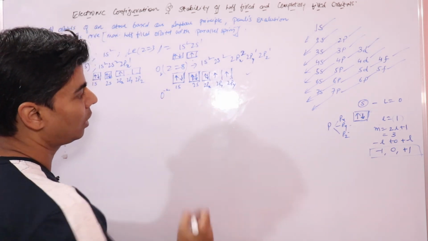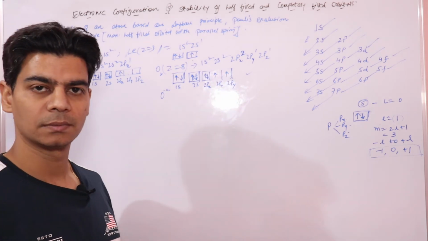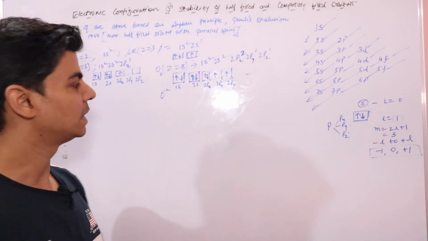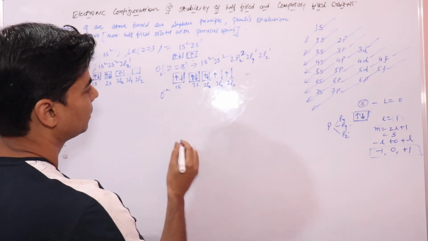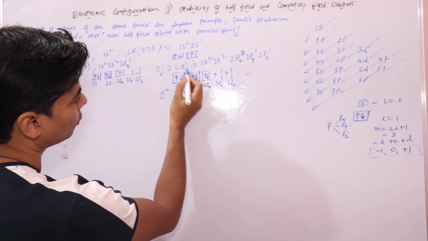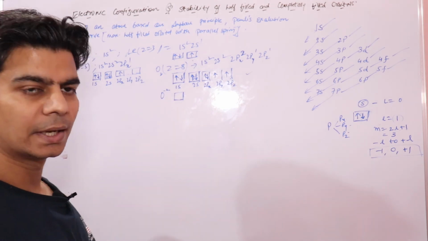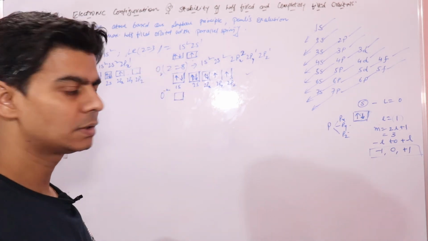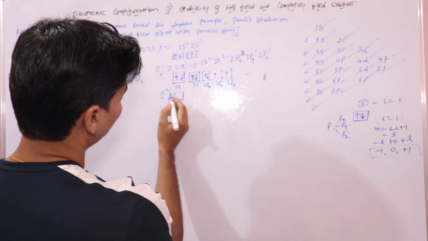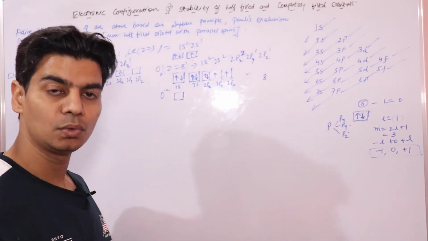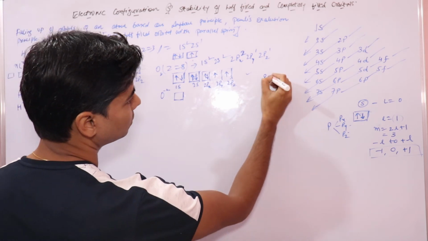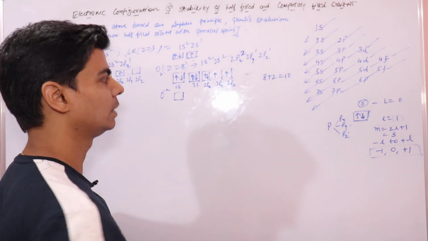Because it has two half filled orbitals, Py and Pz. How many electrons will this oxide ion contain? Oxygen already had 8 electrons. So 2 minus means it has gained 2 electrons, and 8 plus 2 equals 10 electrons.